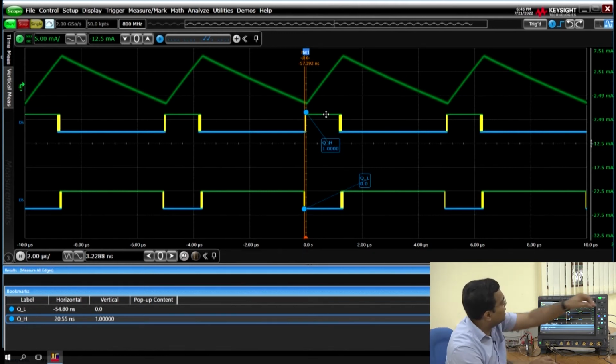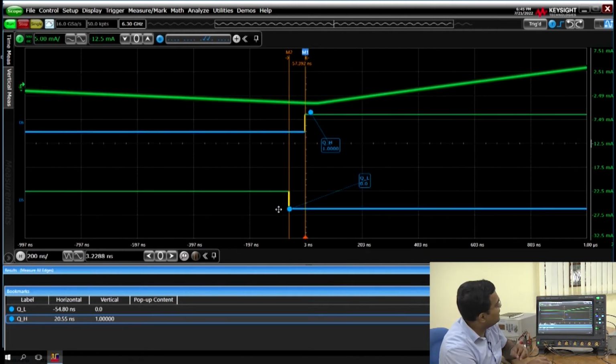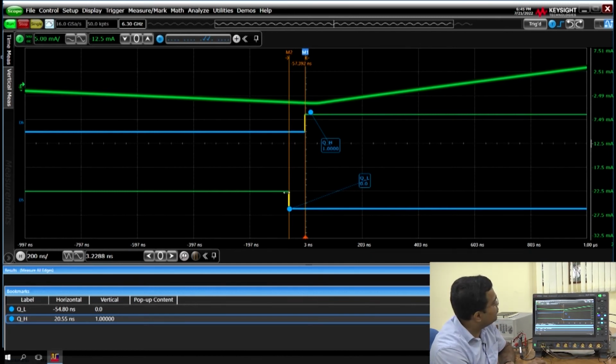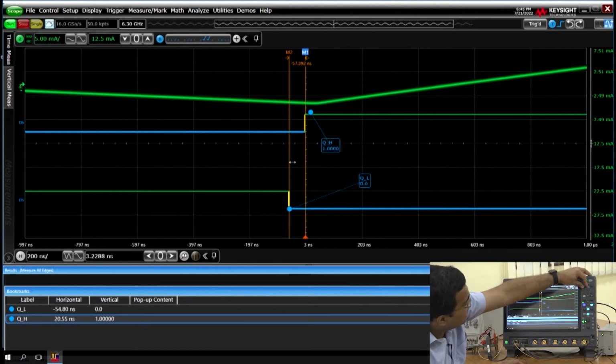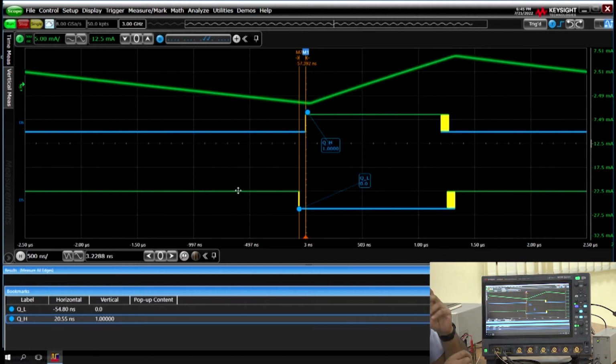So in this particular case study, we are running the buck converter. It has around 40 nanosecond dead time, and first your low side is turned off, then the high side is turned on. And if we look at this waveform, the gate signal looks like a real gate signal. That means it can nicely capture the logic level as well as the rise and fall time of the gate signal.